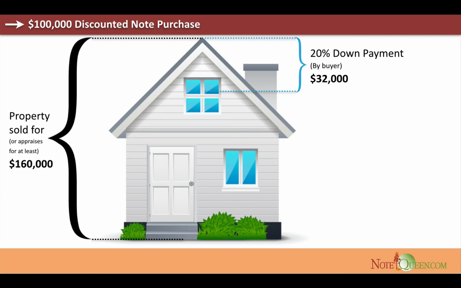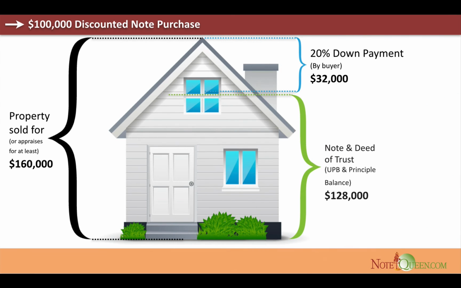So these kids on the house that they inherited, there's a note and first deed of trust, or mortgage, depending on the state, with a UPB, or principal balance, of $128,000. We'll do the math on this a little later, but 128 and 32 add up to 160.